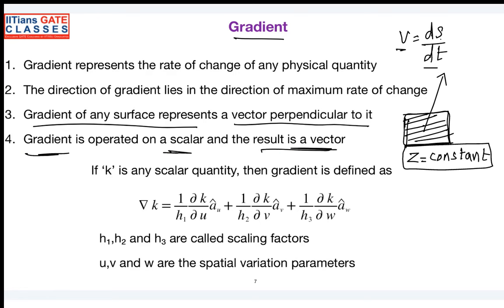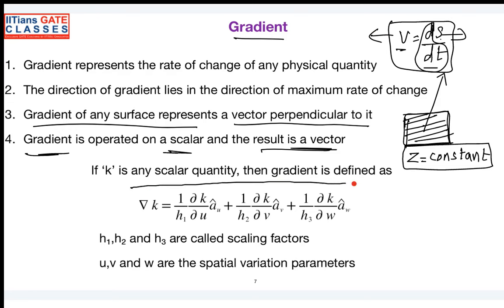This is the general equation I have given, irrespective of whether it is rectangular, cylindrical or spherical. Please go through the formula. Here k is some scalar quantity. Then the gradient is defined as del k. Del is nothing but a spatial operator. The meaning of del is in what direction the rate of change happens.